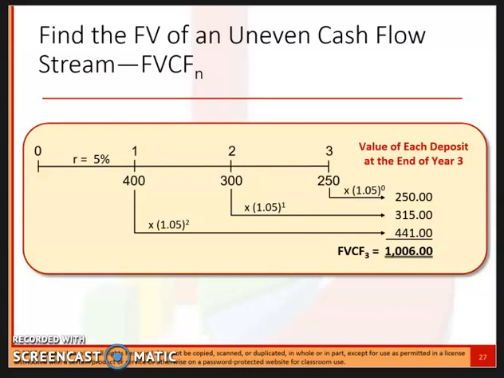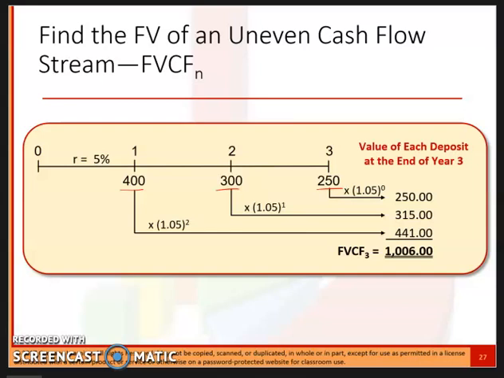But if you were to use a timeline, in this case we've got $400 received at the end of year one, $300 at the end of year two, and $250 at the end of year three. Our rate of return is 5%. So it's 400 times 1.05 squared, 300 times 1.05, and then the 250 does not earn any interest.